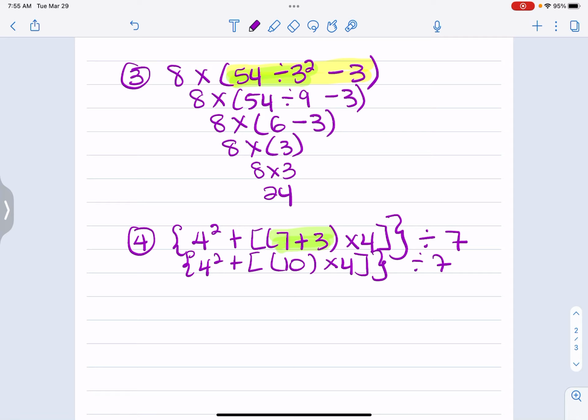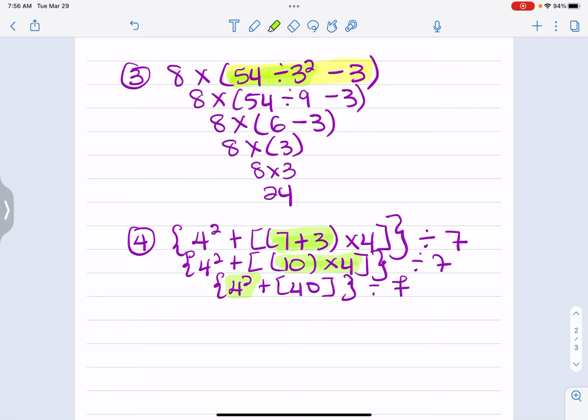Then again, you work innermost. So because we're still in G, we're still in groupings, we move to 10 times 4. So 4 squared plus 10 times 4 is 40. Divide by 7. Okay, I'm finished technically with the innermost. So now I am still inside the braces.